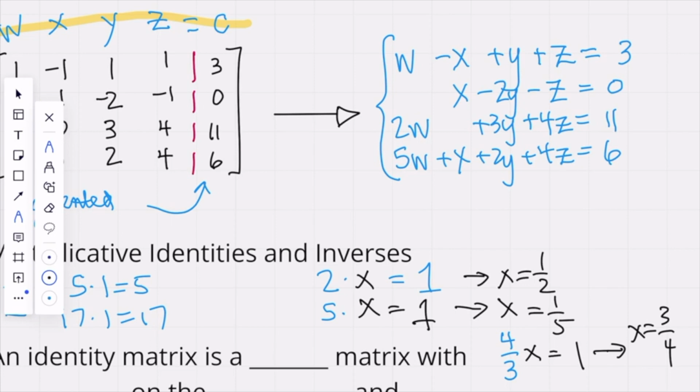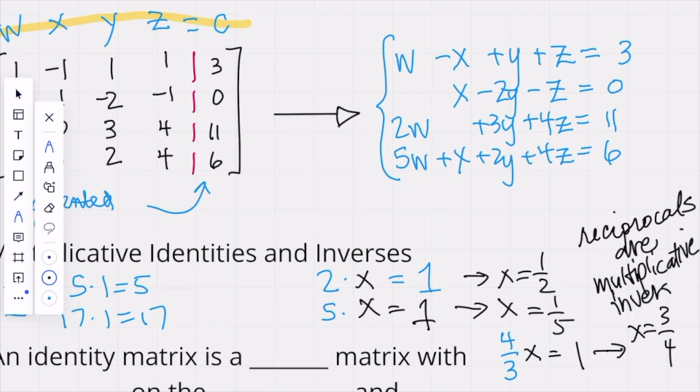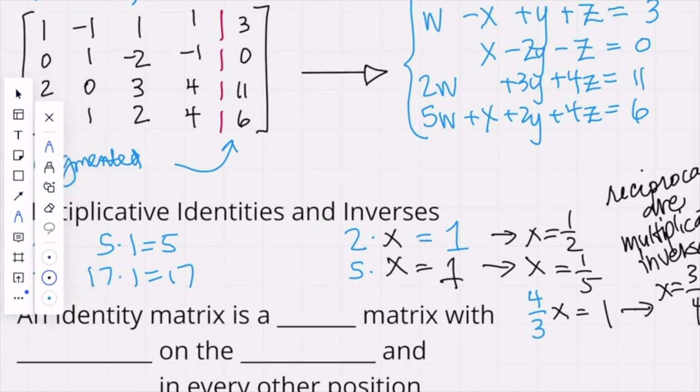So when we have reciprocals, they are multiplicative inverses, because they will yield 1 when they are multiplied together.